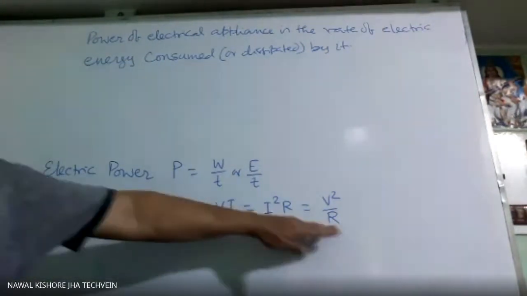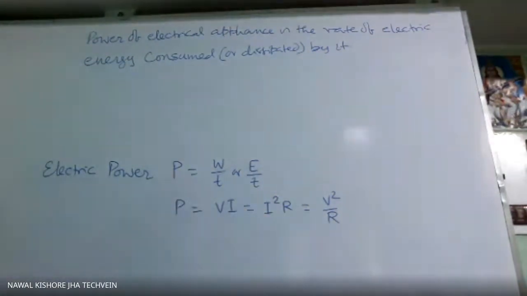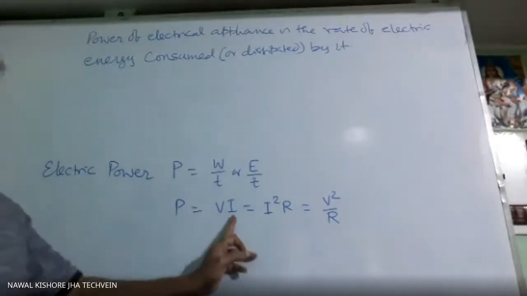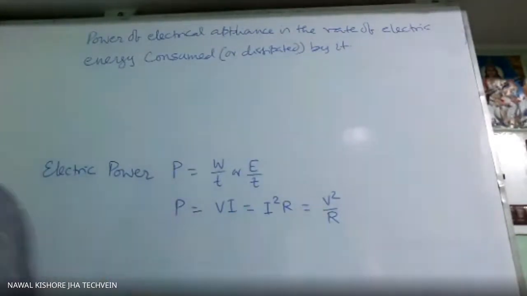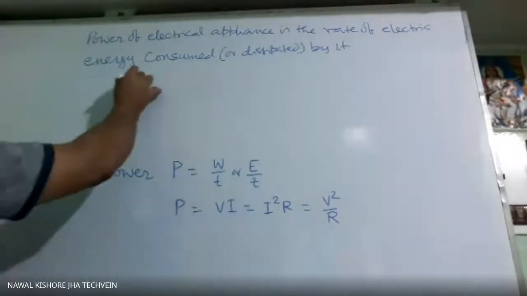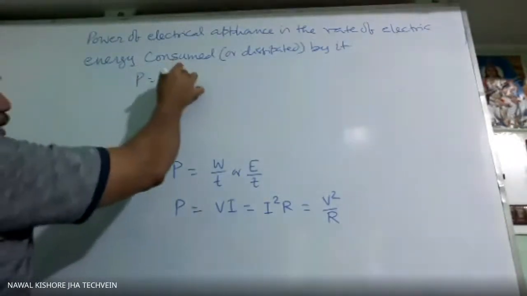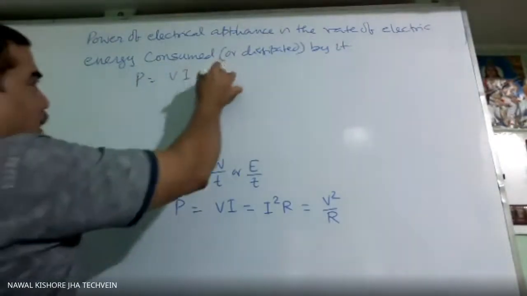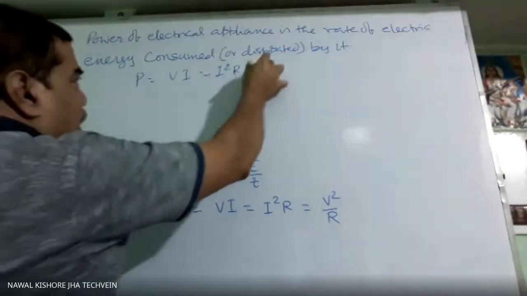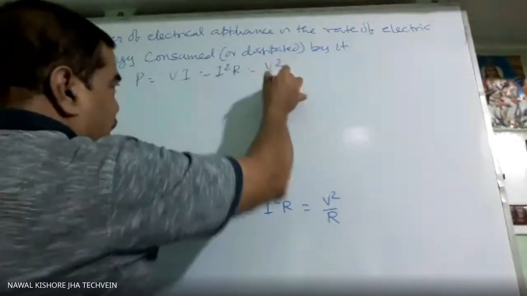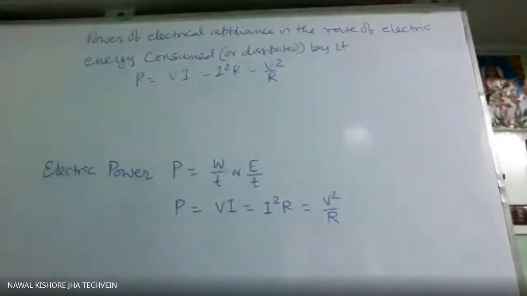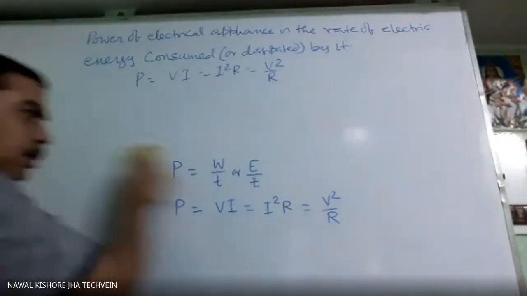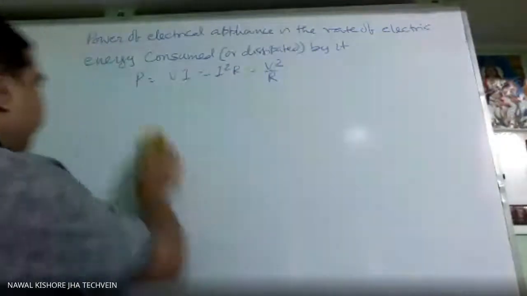So formula will be same: V into I, I square R, or V square by R. So electric power or power of appliance meaning is same.